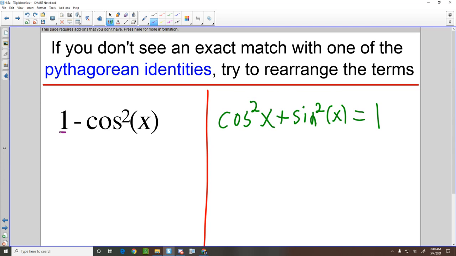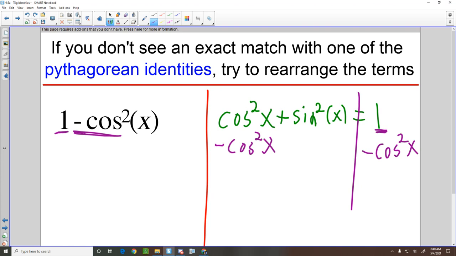I notice that this 1 is positive and that 1 is positive, so I'm probably not going to move the 1. But I see that this cosine squared is negative, so I've got a 1 minus cosine squared. So on the right side, what if I took this first identity and I subtracted a cosine squared from both sides?